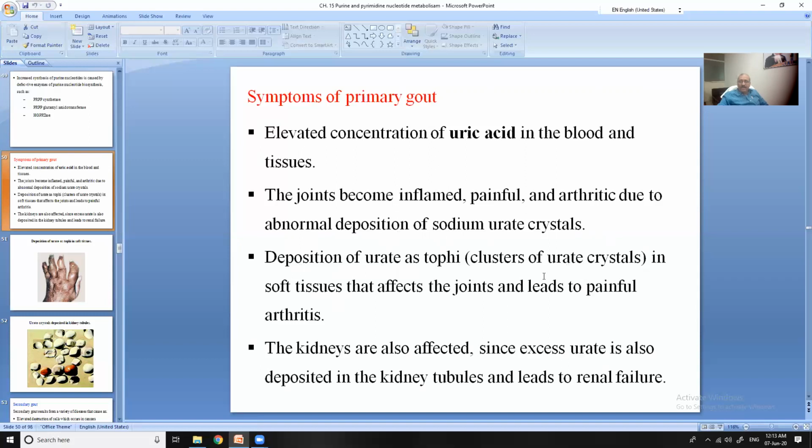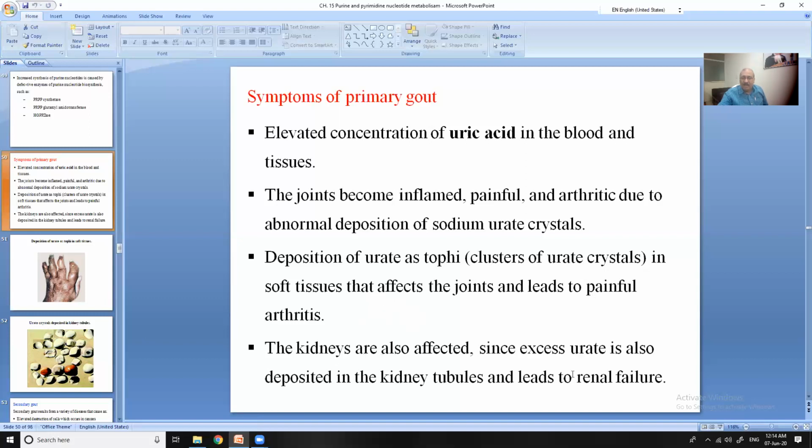Deposition of urate as tophi, clusters of urate crystals in soft tissue, affects the joints and leads to painful arthritis. Okay.